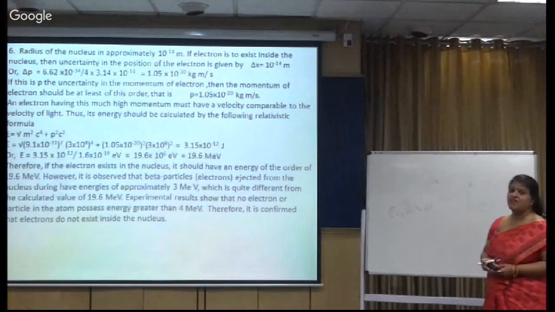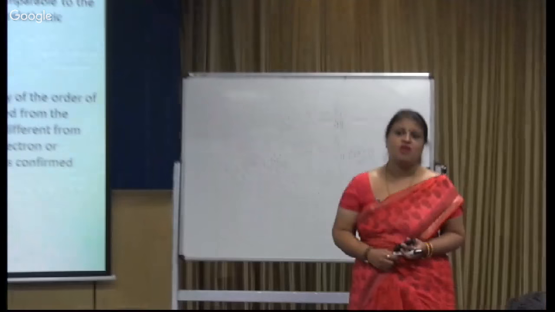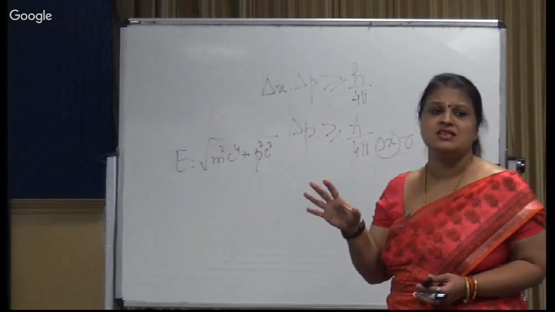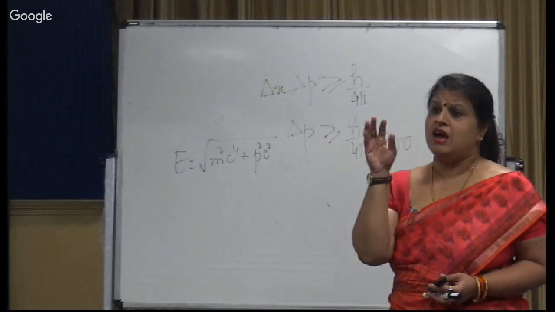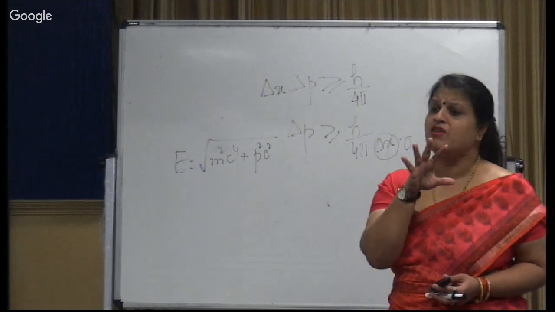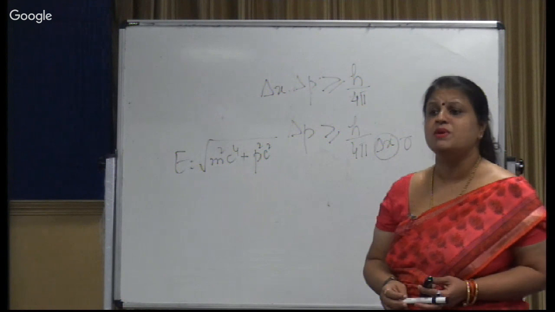And an electron with this much high momentum has a velocity comparable to the velocity of light, because this uncertainty in momentum is only possible if the uncertainty in velocity is of the order of the velocity of light, which is 3 into 10 to the power 8 meter per second.